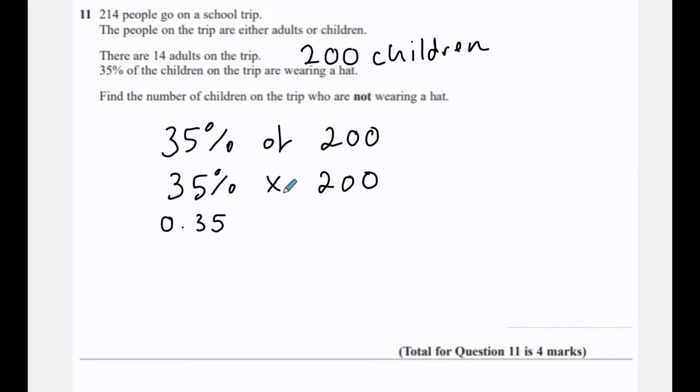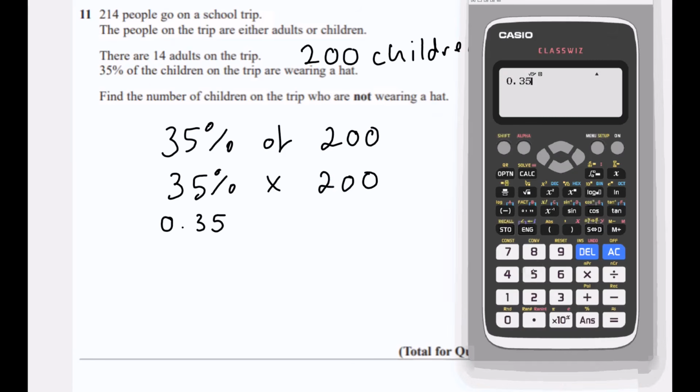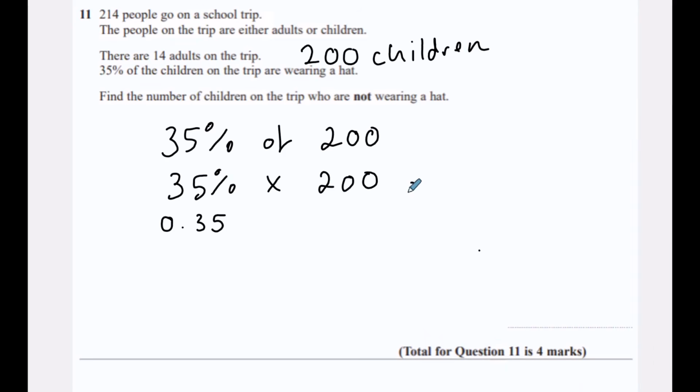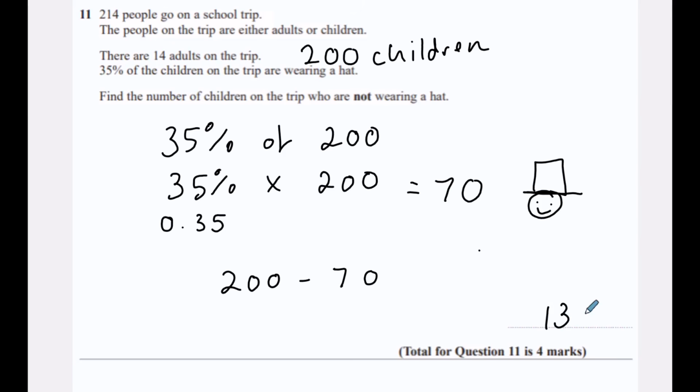So we could do 35% times 200 or 0.35 times 200. And that is 70. So 70 were wearing hats. How many are not wearing hats? The rest of them. So 200 take away 70 is 130.